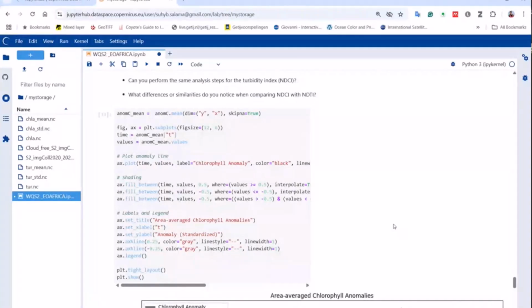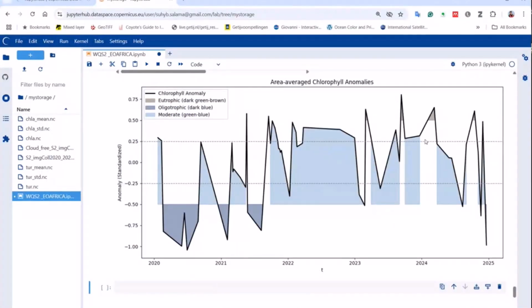And you could see that in most cases I have a good condition in this region. Basically, 2020 was a good year with a kind of oligotrophic condition.